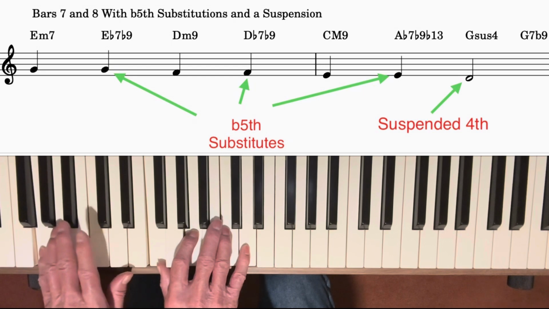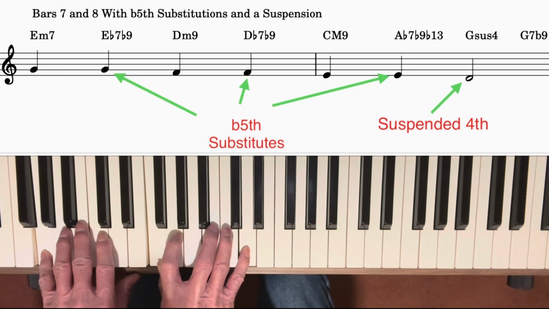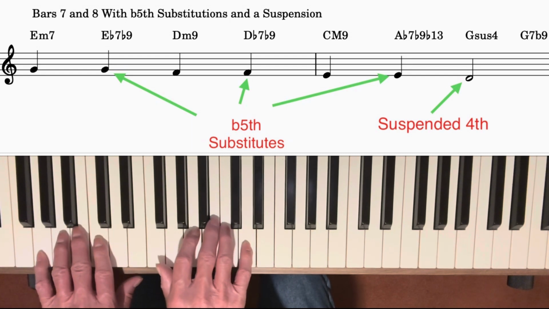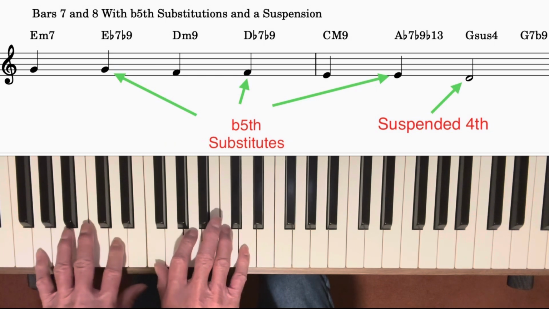And you get this lovely sort of feeling of tension there, but it's a very pleasant sound, which then resolves. Now, it sounds much more colourful if instead of the 5th of D minor 7 going to the root of G7, it drops a semitone to the flat 9th of G7.